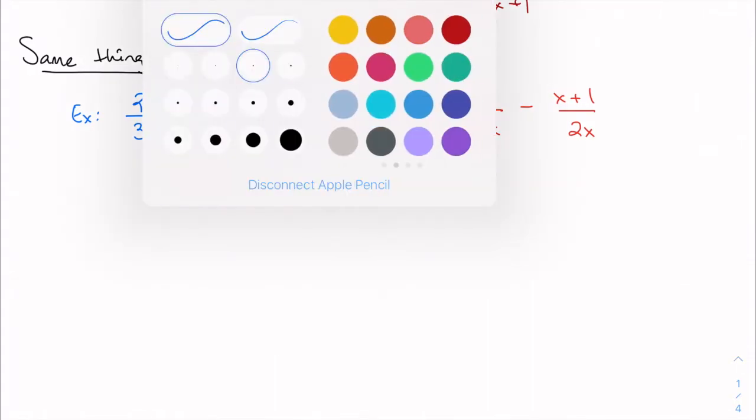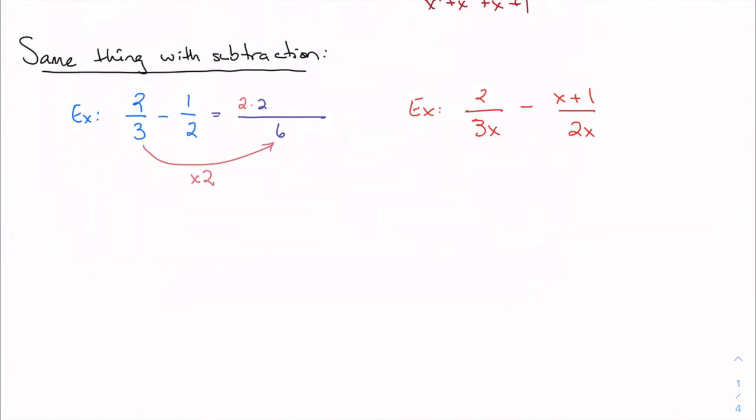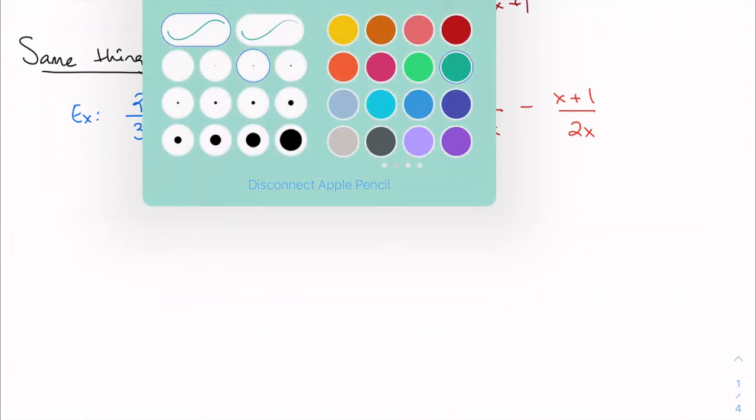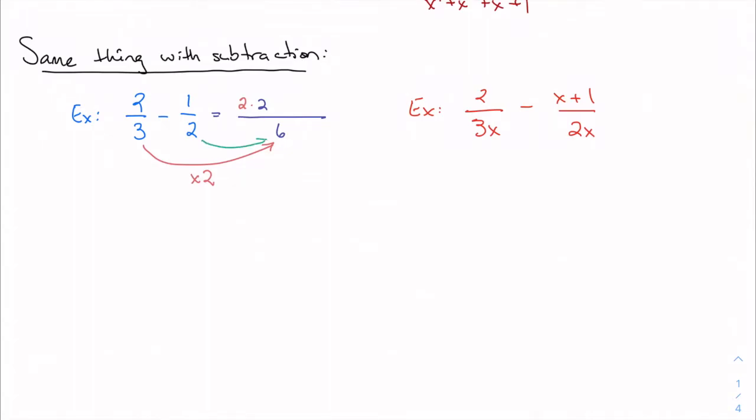Actually, let me keep my color scheme kind of the same here. And then what did I do to 2 to get to 6? I multiplied by 3. So likewise, I need to do that to that numerator. The operation in the middle is subtraction now, so that's going to carry over. So I have 4 minus 3 over 6. I get 1/6.